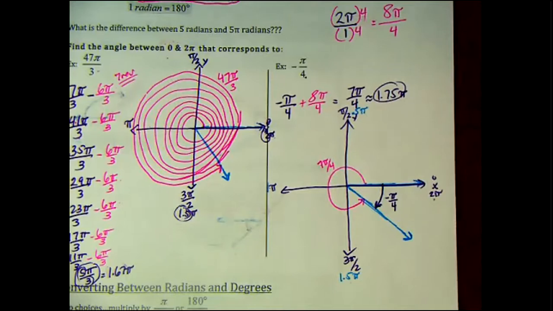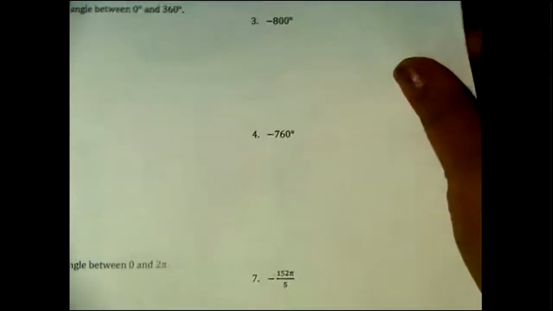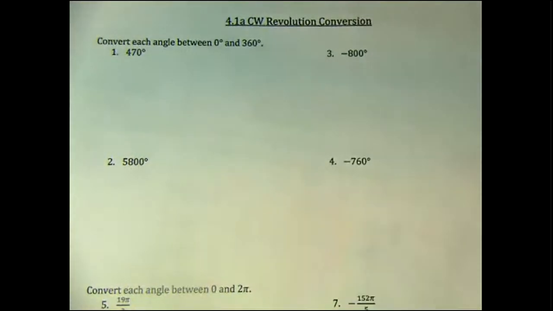That's it for today's notes as far as me doing examples or giving you information. So the rest of the period we are spending, and we want to focus on our 4.1a classwork. So you have 4 examples, four problems to do of converting degrees.